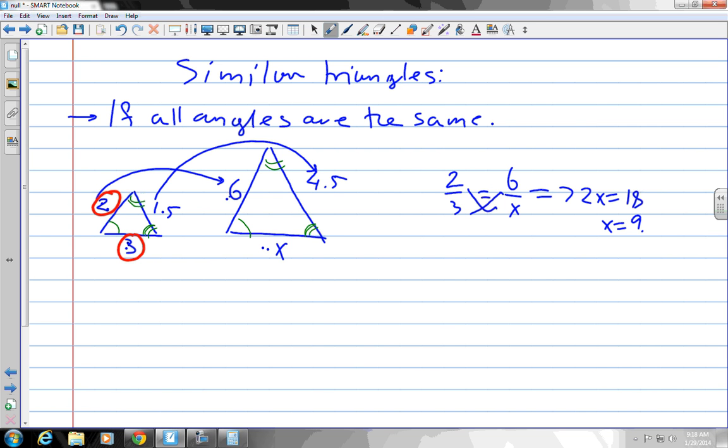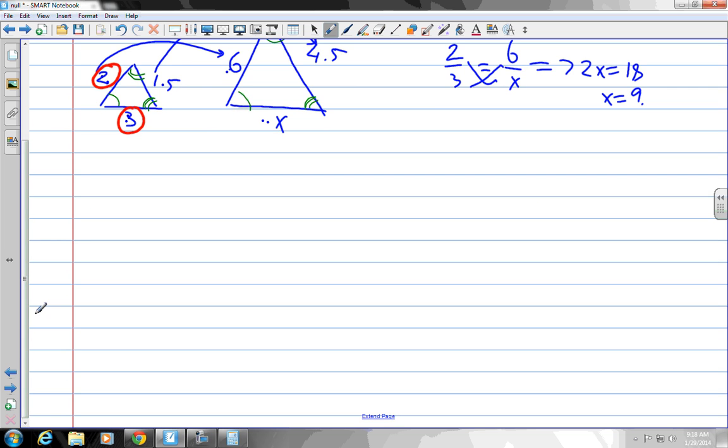Similar triangles preserve the ratios between any two sides. Does that make sense? This will allow us to have a very nice structure as far as the angles go. So let me give you a few examples.